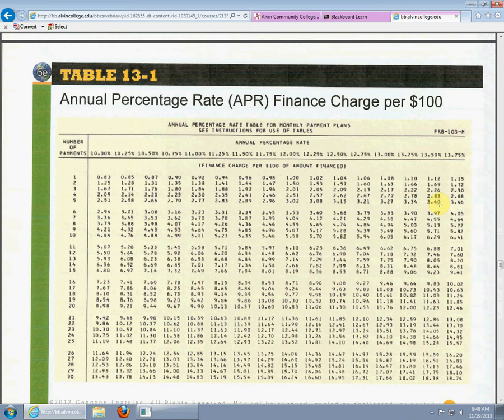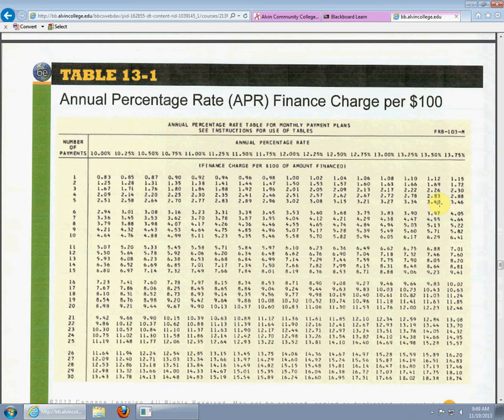These amounts in this area represent what's in step 3. So you're trying to find the closest amount that corresponds with what you found in step 1. And when you find the number of payments and where that number is from step 1, then you look at the top, and that tells you your APR, annual percentage rate.